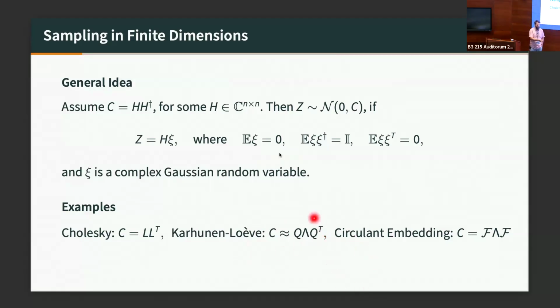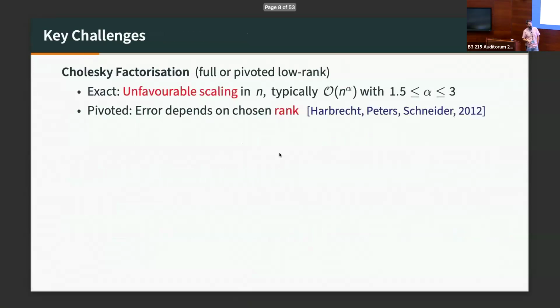This would be the Karhunen-Loève expansion, for example, in the Matérn case, or you could take Fourier type methods. But in order to use Fourier type methods, we need periodicity, so we need to embed in a larger matrix, and that's called circulant embedding. What are the problems? What are the challenges? If you go via Cholesky factorization, which is essentially the go-to method when you've got small n, the problem is it scales rather badly.